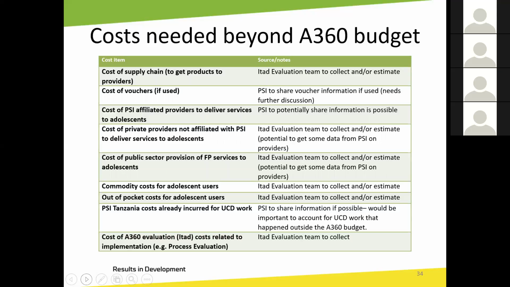Another piece we've talked about with PSI Tanzania is that there is a fair amount of UCD work done on a previous grant. So that's put them at a different stage within the process. And so being able to account for the money that went into those previous projects, because those are part of the whole cost of the Tanzania program, being able to implement an A360 is really building on that. So as you see, there's various costs that we're going to have to look to gather beyond just what is in the budget of A360.